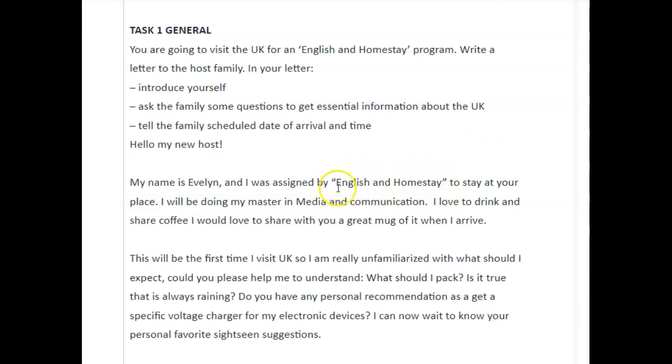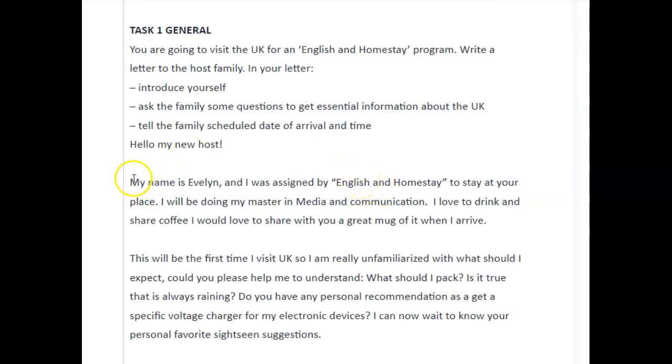Okay, when you see this English and Homestay, what are they saying to you? They're basically saying that it's an English program, so you can improve your English, but homestay is when you stay with a family rather than staying in a dormitory or staying in a hotel or something like that. So you're probably not going to be doing your master's during this program, okay? This is probably before your master's.